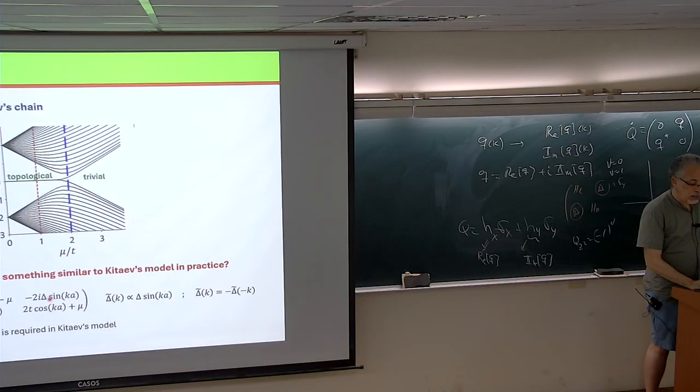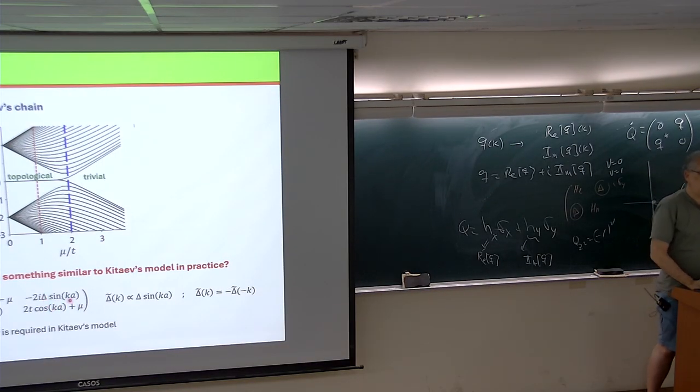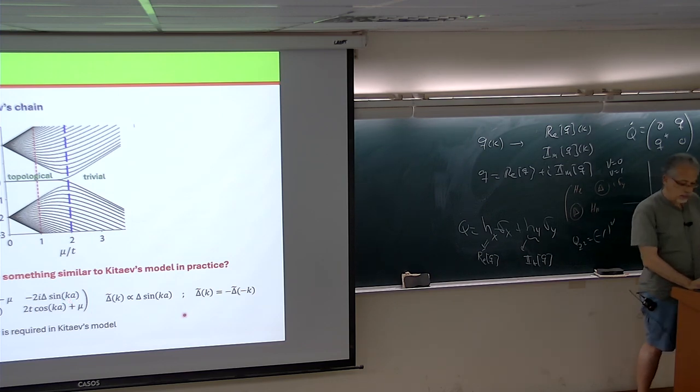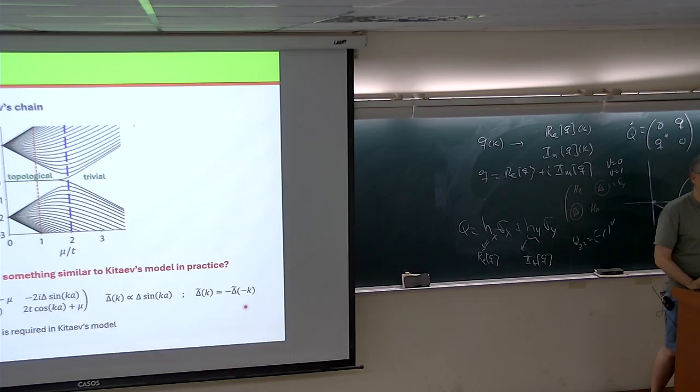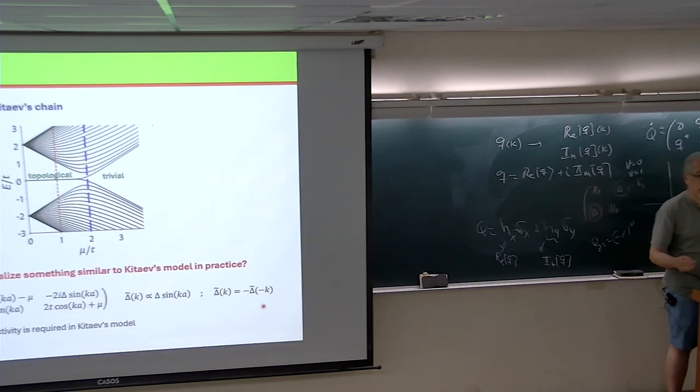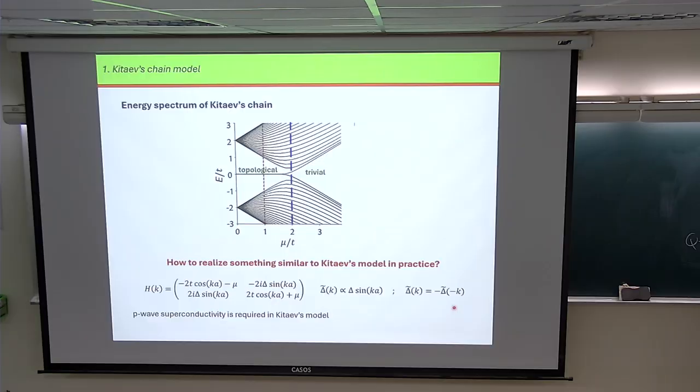Anyway, what you have here is that delta is not a constant, it depends on k, on the particle momentum. And it's odd in it. So this is a symmetry that is a p-like symmetry, like these p orbitals that you have, okay? So that's why it's called a p-wave superconductor.